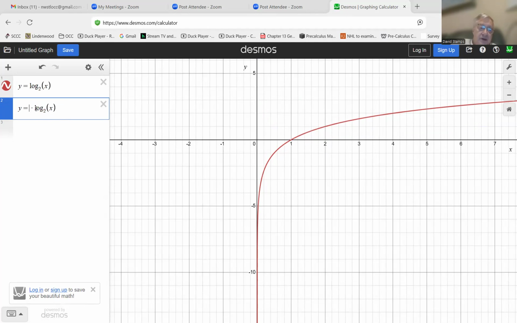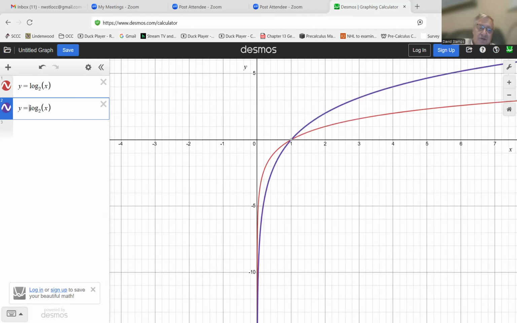If I replace x with 2x, it would stretch the graph away from the vertical axis. I've done that two times in a row because you have to remember it's opposite. Let me repeat that. If I put a 2 out in front here, it stretches the graph away from the horizontal axis like that.